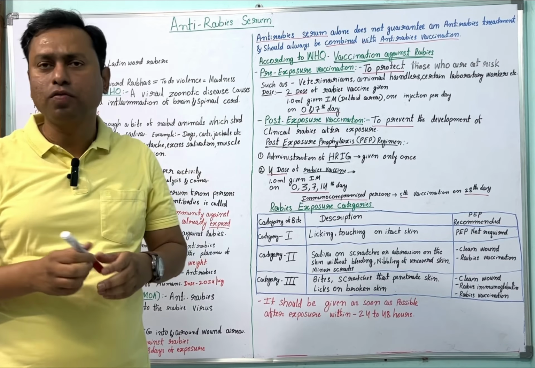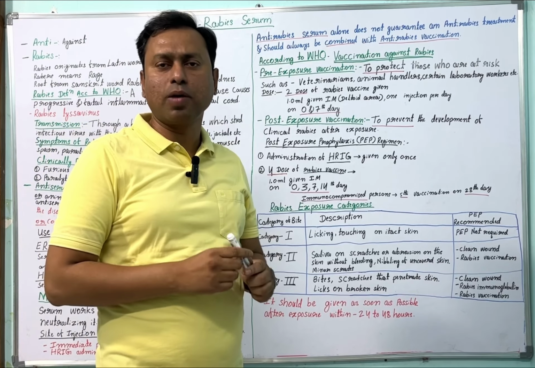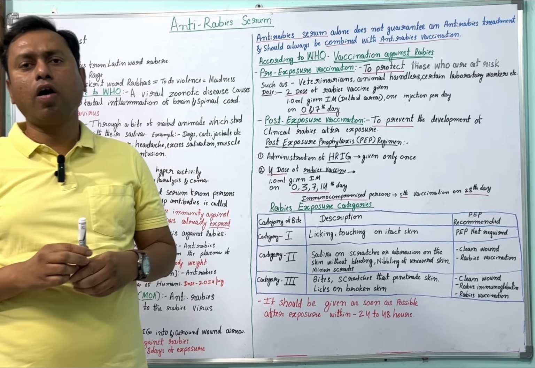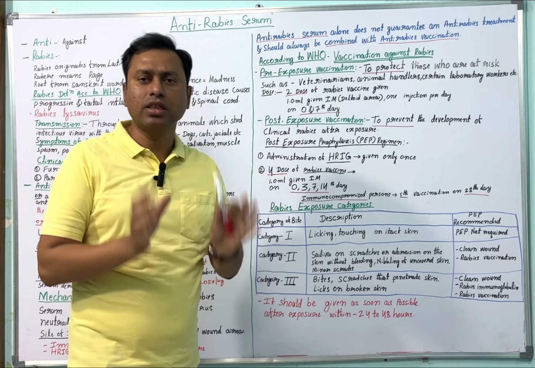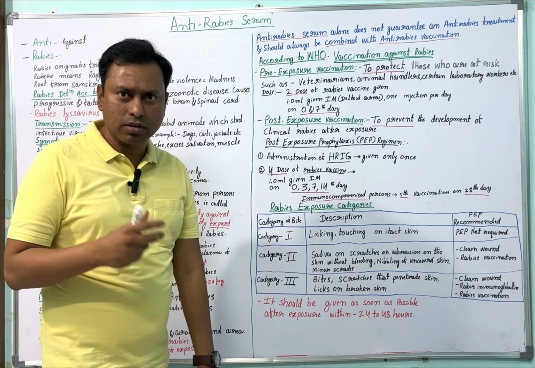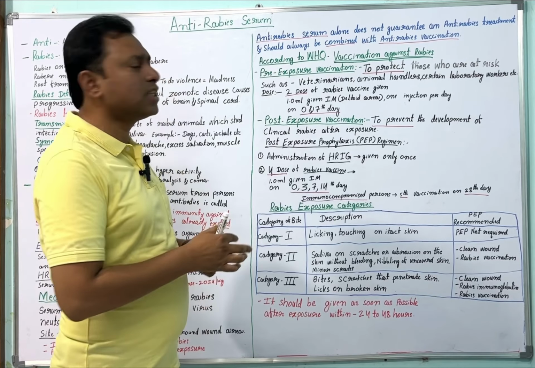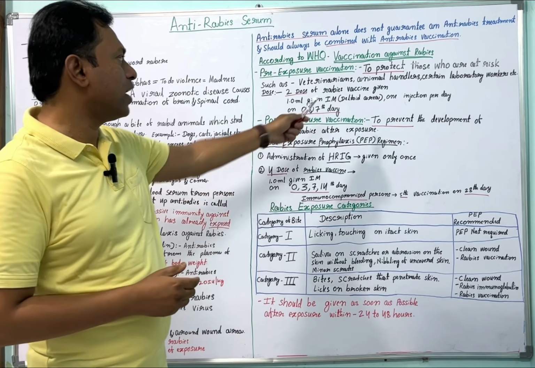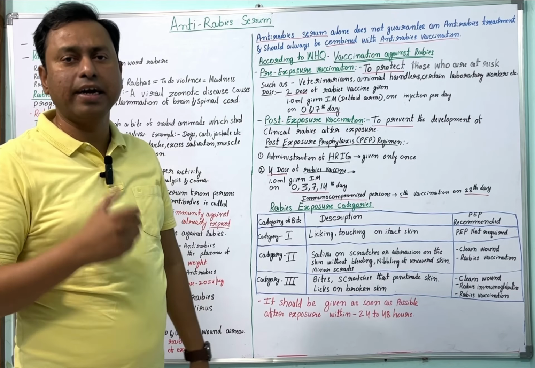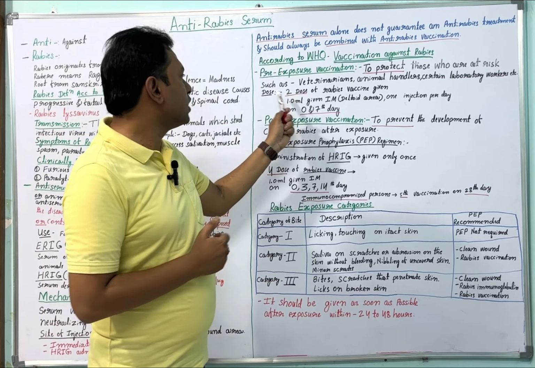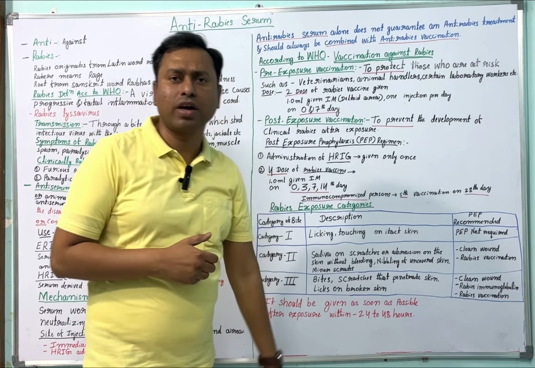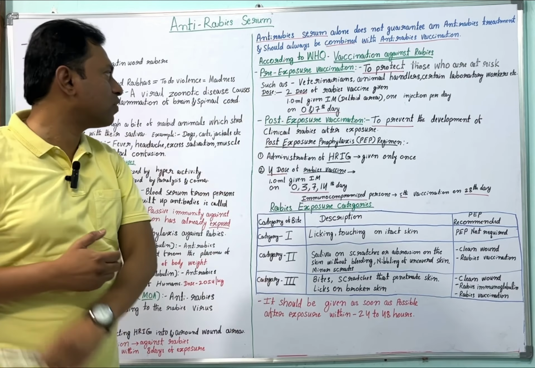In those cases also we give it for the protection of persons, such as veterinary doctors, animal handlers, or certain laboratory workers, to prevent the rabies disease, because there is a chance of exposure. That's why we give pre-exposure vaccinations.